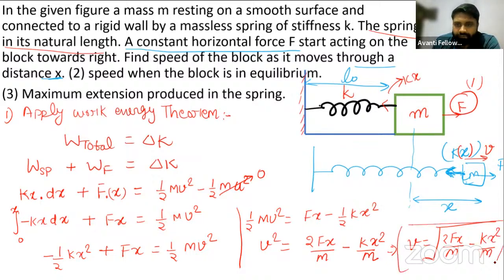So this is the velocity as it moves through a distance x. Okay, I hope you are clear with this. Now move on to the next part. We have to calculate the speed when the block is in equilibrium position.